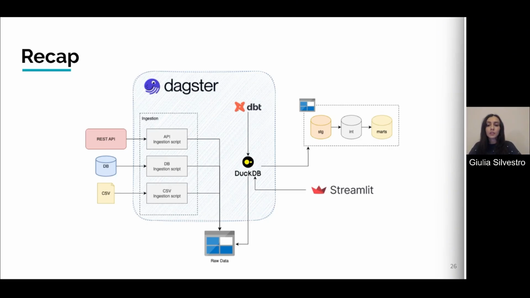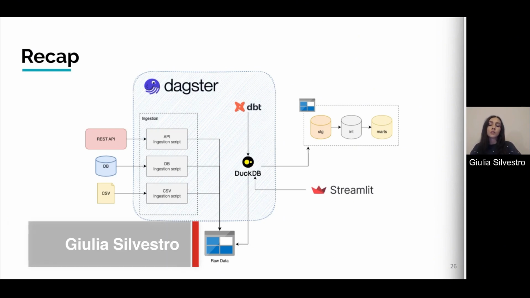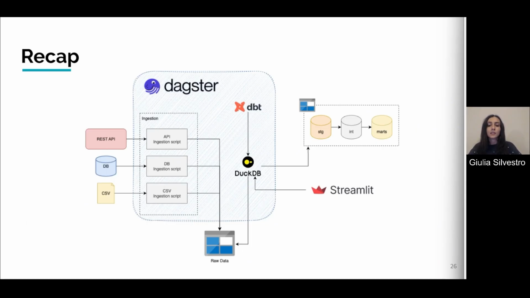Then Dagster also orchestrates the transformations defined in dbt, using DuckDB as an engine, and it uses the medallion architecture and writes the data of the different stages. And then Streamlit, always using DuckDB, reads from the data marts produced by the pipeline and produces its dashboard.